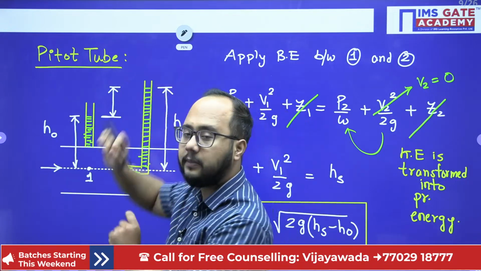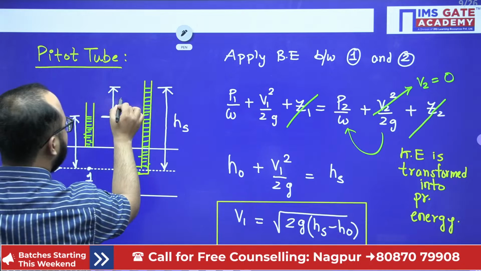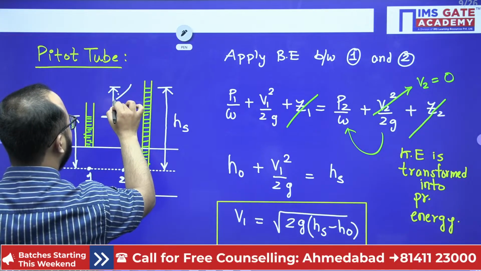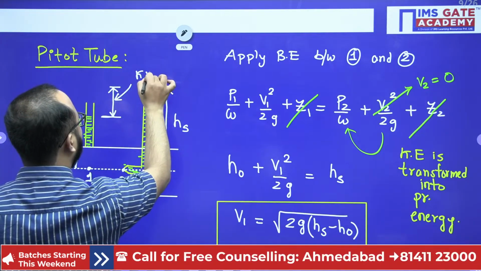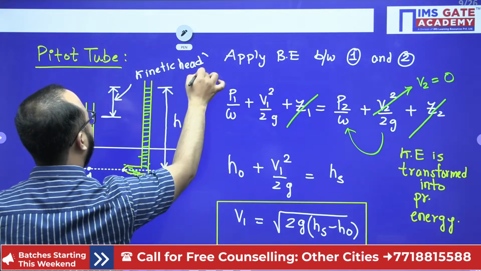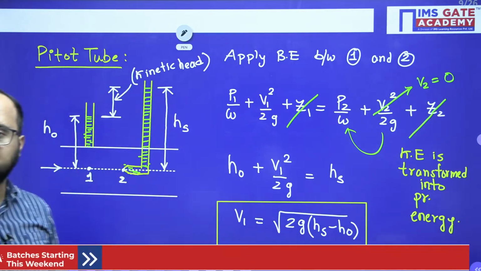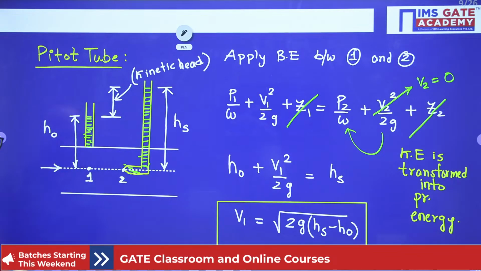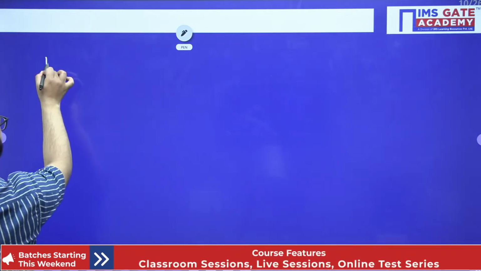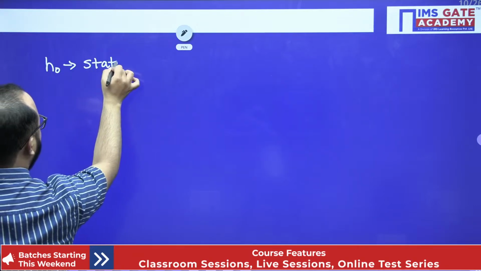So the difference will always be the kinetic or the dynamic head. Kinetic head is the difference of the stagnation head and the static pressure head. I hope the point is clear. Next, just try to understand this. H naught is the static pressure head.